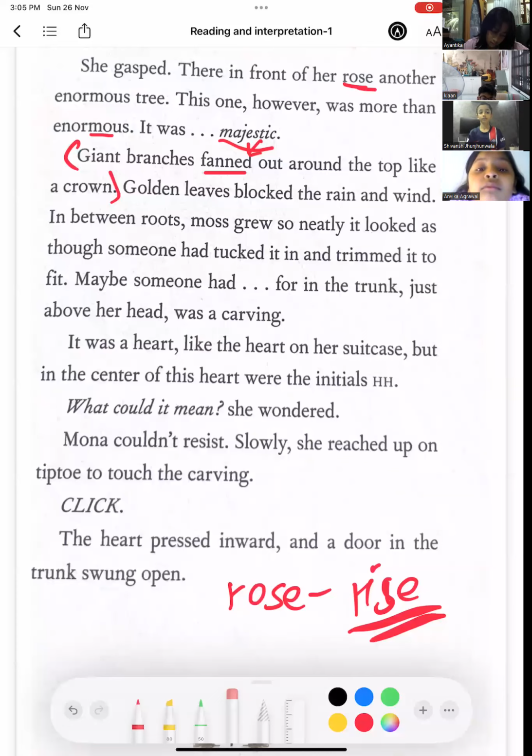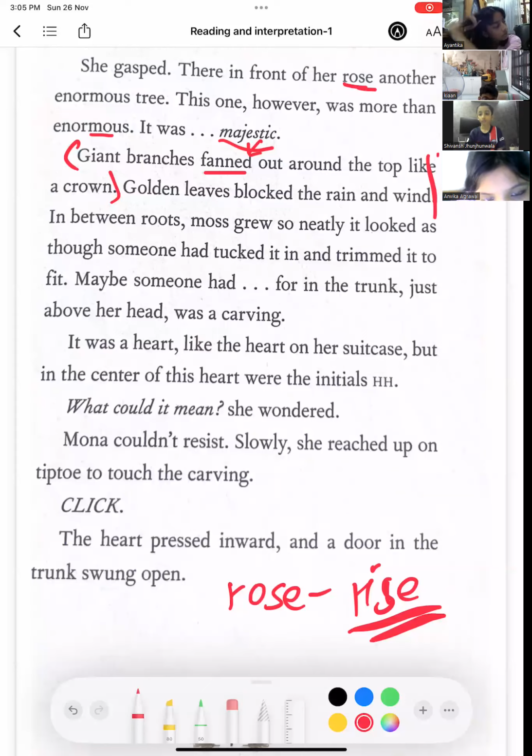In between roots, moss grew so neatly, it looked as though someone had tucked it in and trimmed it to fit. Tucked in means someone has put it there tightly, and they've cut it to fit.